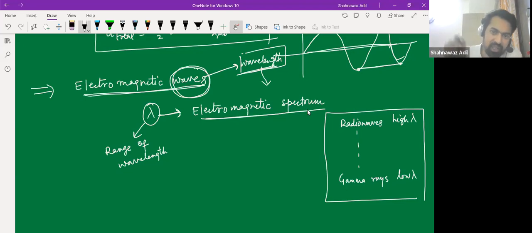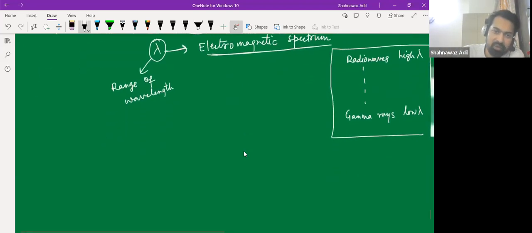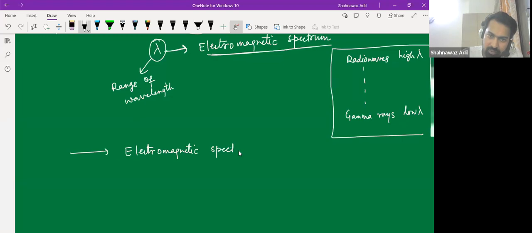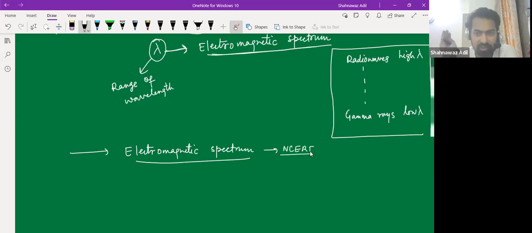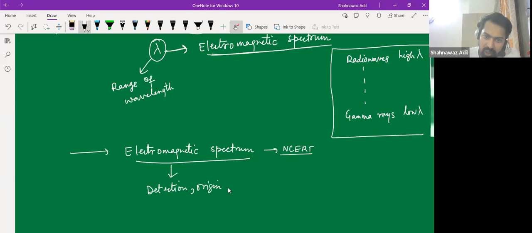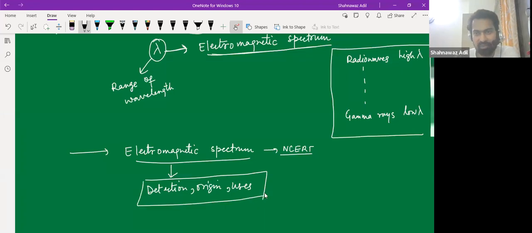All these things are given in NCERT, so please read about the electromagnetic spectrum and go through the NCERT, because you have to just remember those things: what is the detection, what is the origin, or what are the uses of these electromagnetic waves.